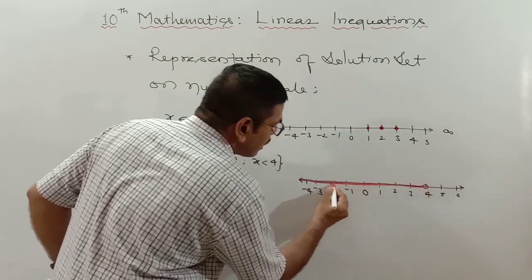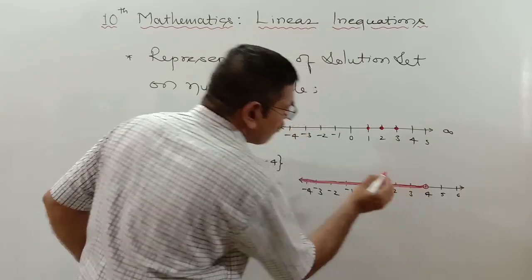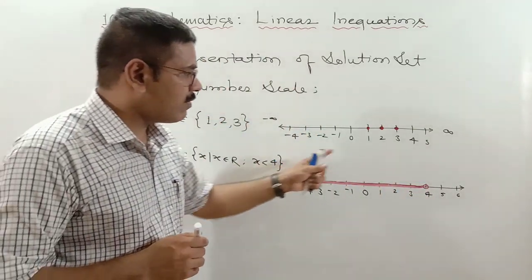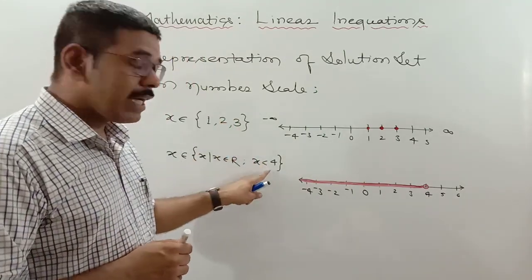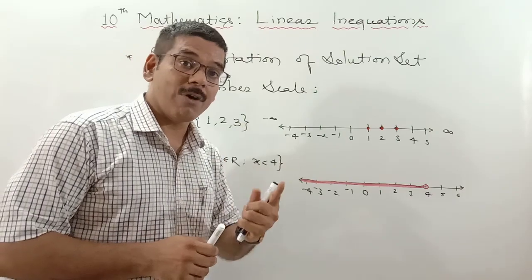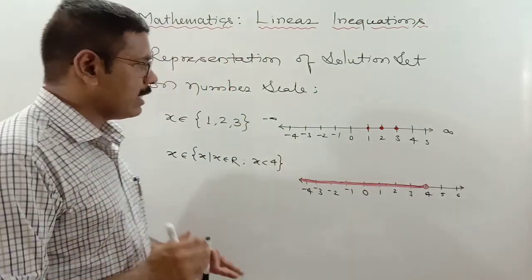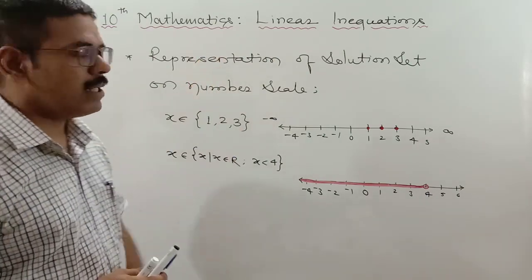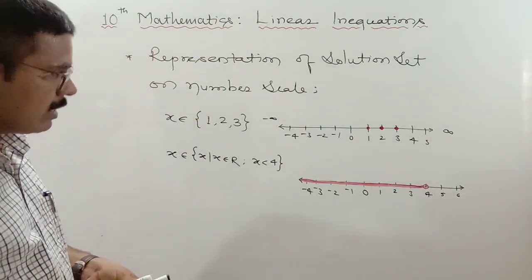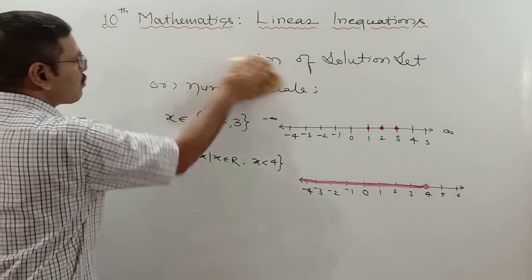That represents the numbers from minus infinity to 4, where x is less than 4 means 4 is not included. If 4 were included, then we would make a completely filled dot. Is there any doubt? So this is the representation of the solution set. You must note that down. That's very simple. Now I am just making it clean.